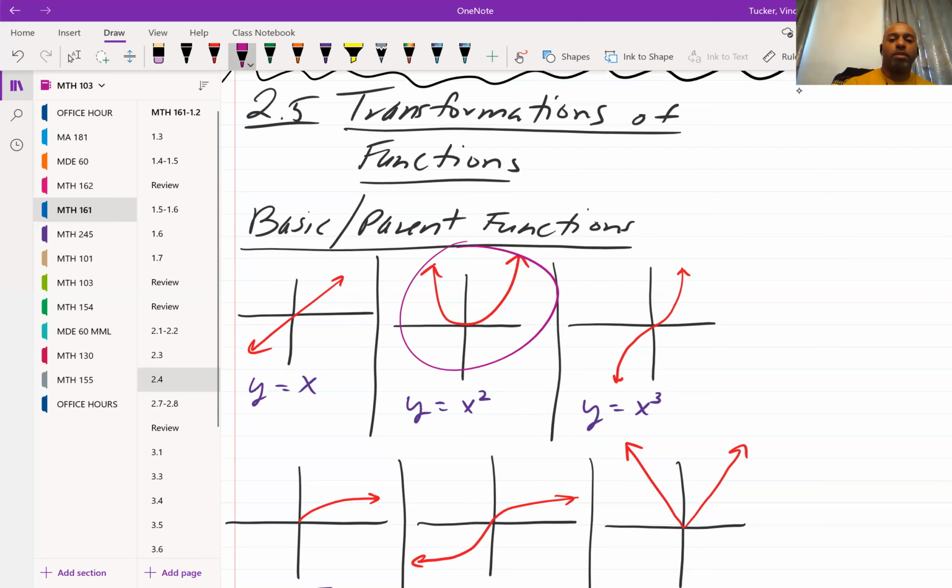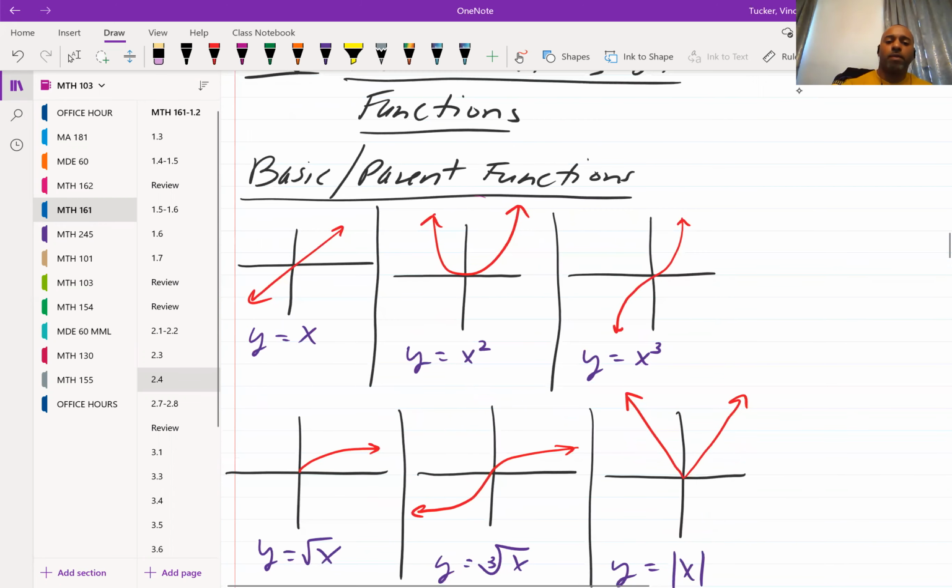Second one is our parabola. And notice how all of them go through the origin. These are, like I said, our basic parent functions. Then we have our cubic equation. Then square root, cube root, and then the absolute value, which gives us a V.